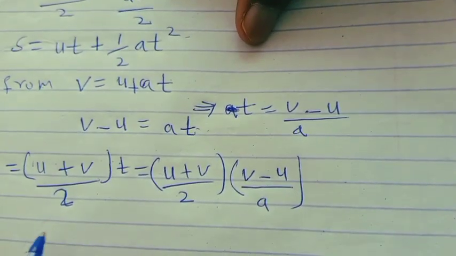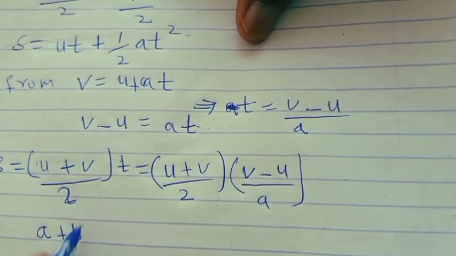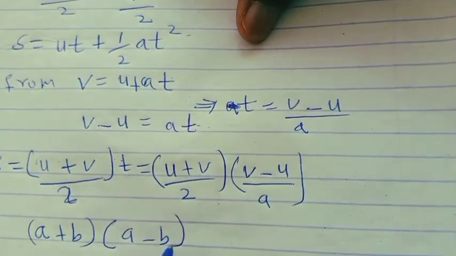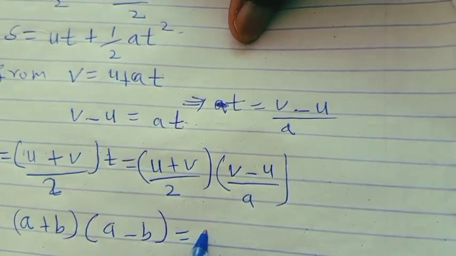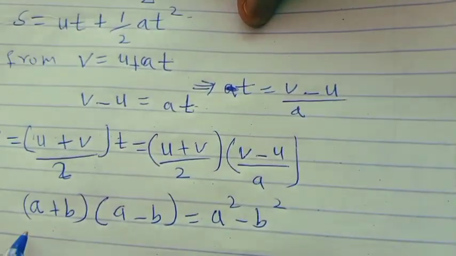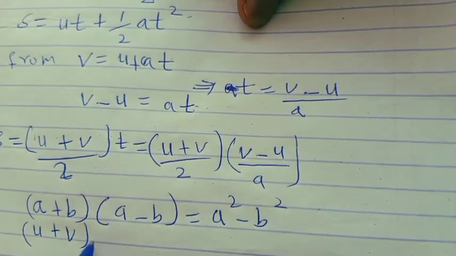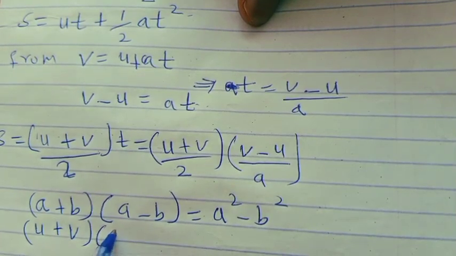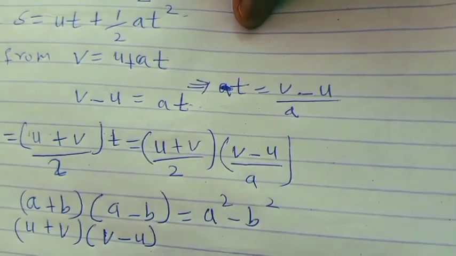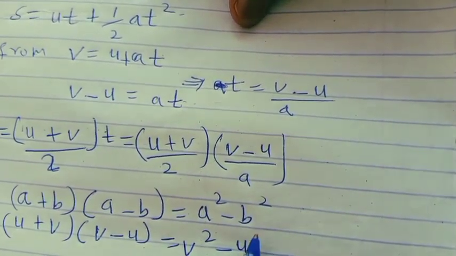So from here, we are going to use the identity (a + b)(a - b), whose result is a squared minus b squared. In our case, we have (u + v) into bracket (v - u). The result here will give us v squared minus u squared.